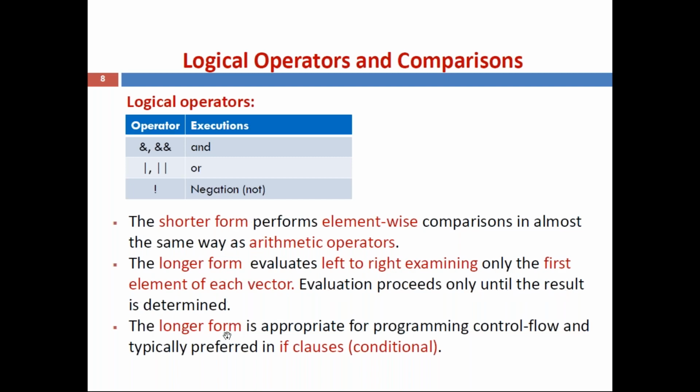That is the difference. The longer form is appropriate for programming control flow and typically preferred in if clauses, that is, conditional statements. So these are all the logical operators and their explanation.